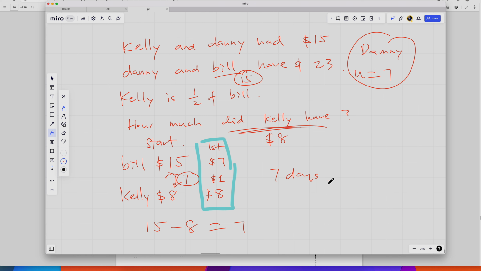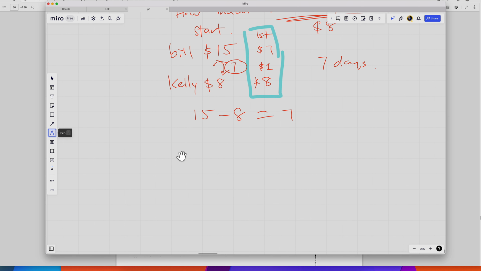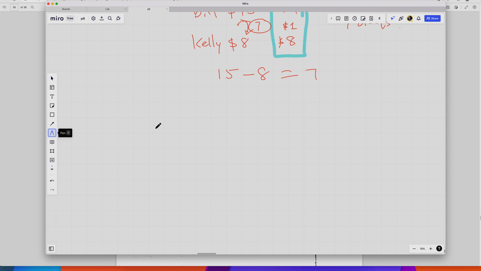Does it make sense? Similarly, next time, there's a distance question. Let's say your speed is 20 kilometer per hour. My speed is 10 kilometer per hour. So in 1 hour, what's the difference between us? It's 10 kilometer per hour, right?